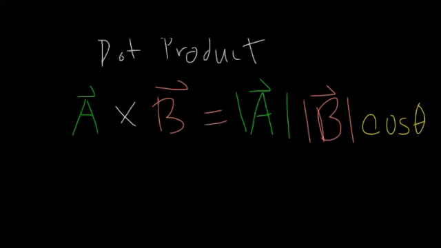Another way to solve it is this. Let's say we have a vector, vector A, just so we won't need new vectors. Vector A has components.